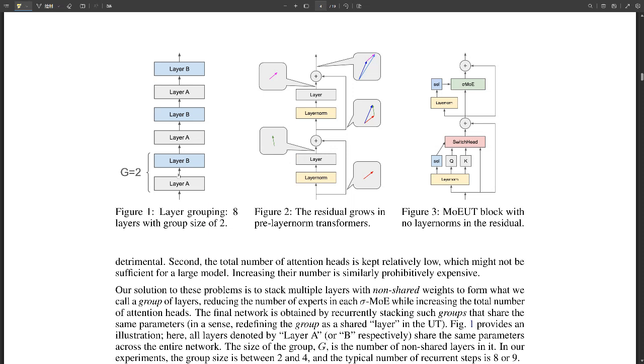Wait, so instead of every layer working on every piece, MoEUT is saying, okay, this expert is really good, so let's have them focus on that. Precisely. They use something called SigmaMoE to score the experts based on their relevance to the specific data. Only the top performing experts get activated for each task. This is like a ranking system, picking the MVPs for each play. That's a great way to put it.